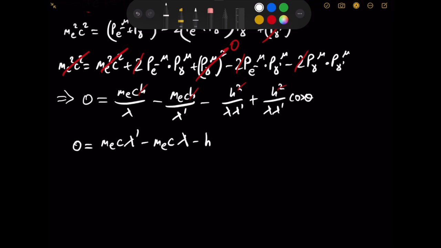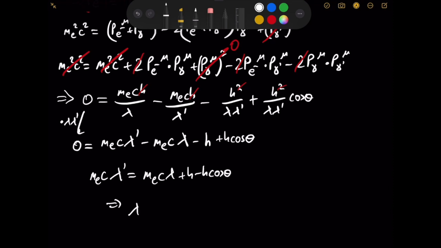I multiplied by lambda prime, plus h cosine of theta. And if we solve for lambda prime this time, let's do it step by step: we get that lambda prime is equal to lambda plus h over the mass of the electron times c, and then 1 minus cosine of theta. Okay?